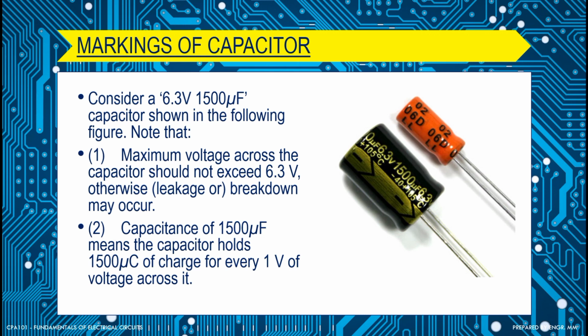And the second one, the capacitance value, 1500 microfarad, means the capacitor holds 1500 microcoulombs of charge for every 1 volt of voltage across it. For every electrolytic capacitor, you're going to see this kind of marking: the maximum voltage and the capacitance it can hold.